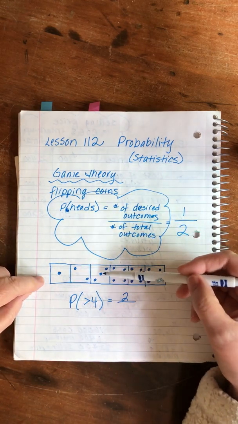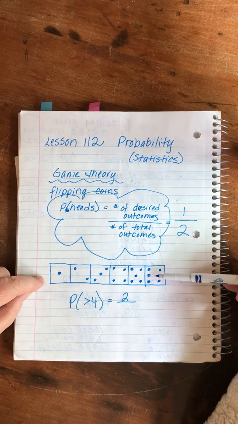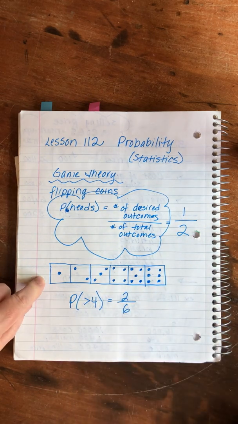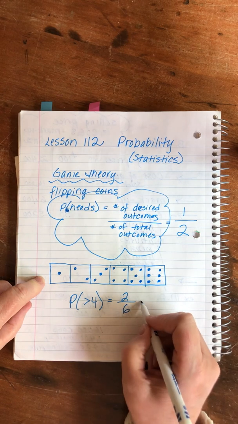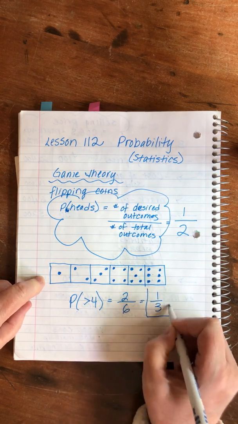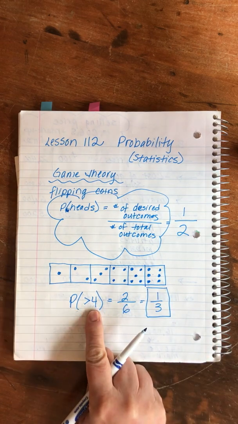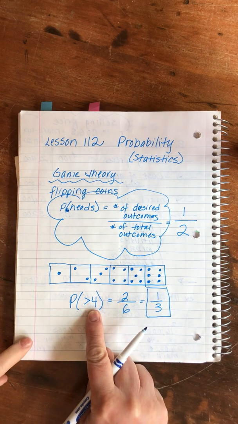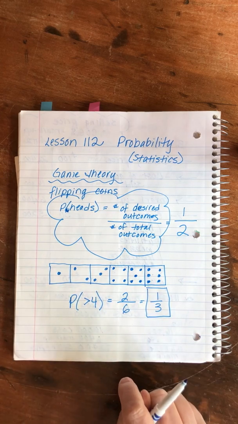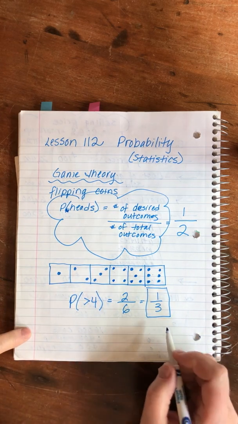Well, there's 6 different sides to the die representing a different number, so it's 2 out of 6. When we're calculating probabilities, we reduce our fractions. So we would say that the probability of rolling greater than 4 with a single die is 1 out of 3. Those weren't even the real examples.